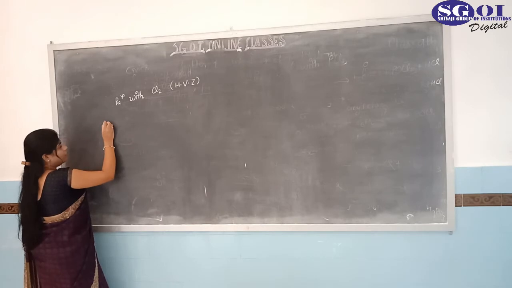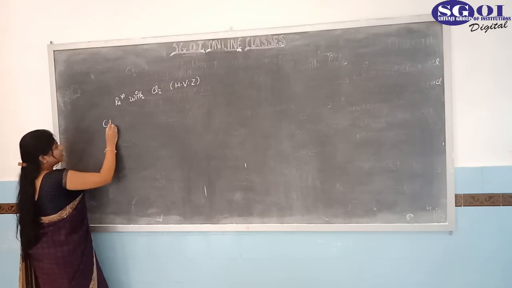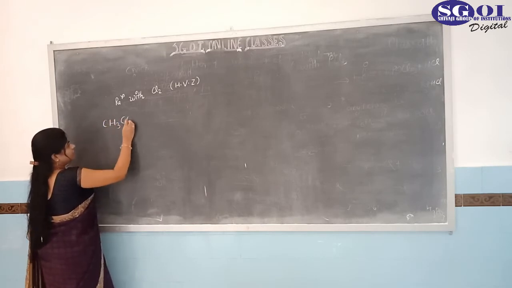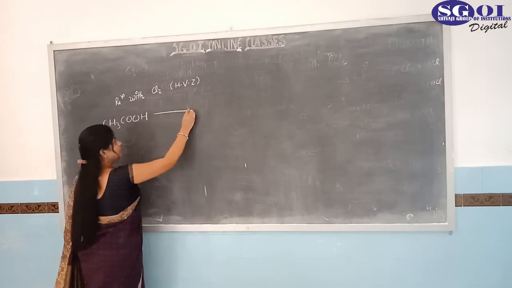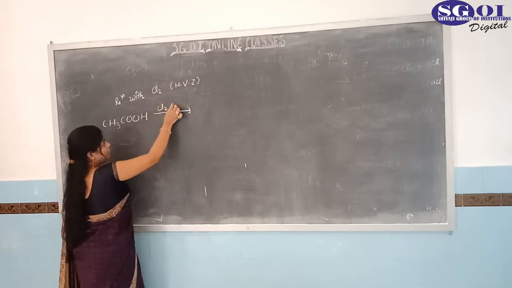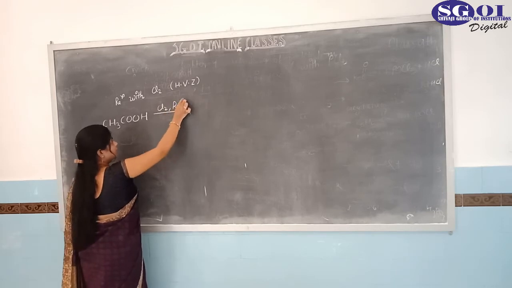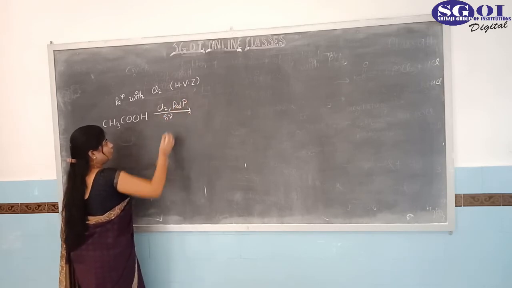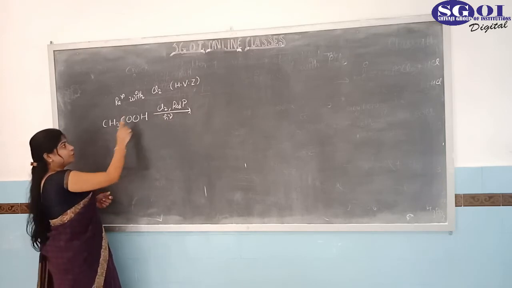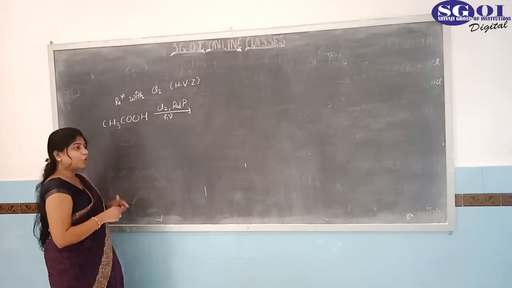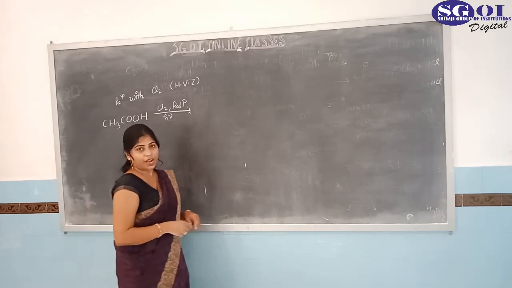Okay, when for example acetic acid, that is CH3COOH, reacts with Cl2 in the presence of red phosphorus and h nu, hydrogen is substituted by Cl. But remember, what kind of hydrogen? Only alpha hydrogen.